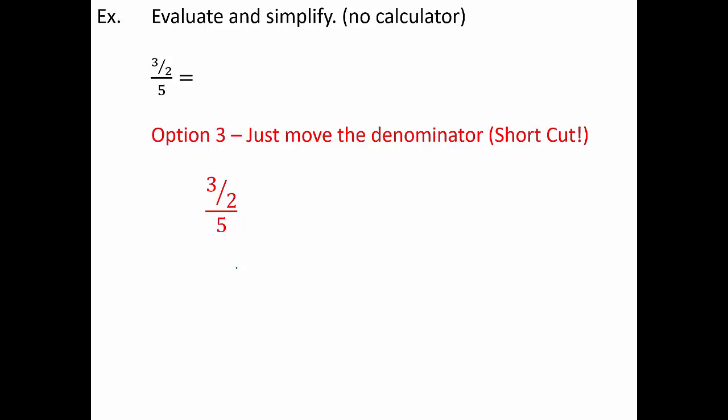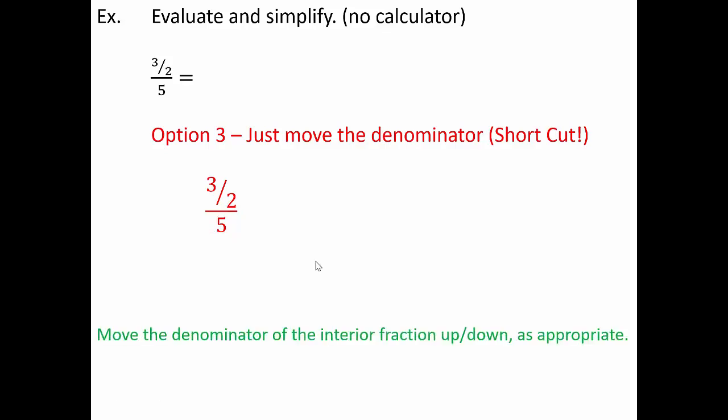What I did in option 2 was I multiplied top and bottom by 2, which allowed me to clear out the denominator here, and it left a new product on the bottom, 2 times 5. Well, if that's the case, just move the 2 downstairs in one step.